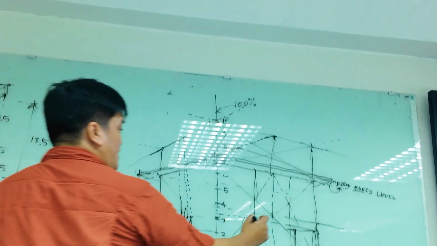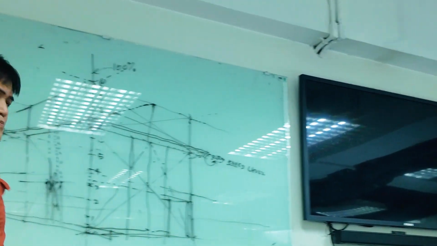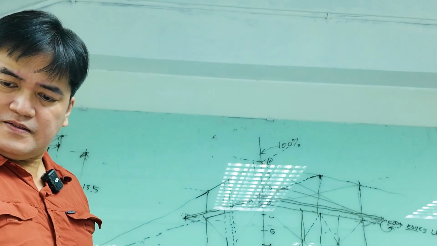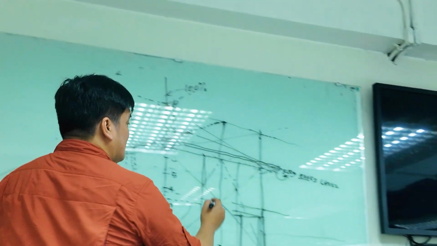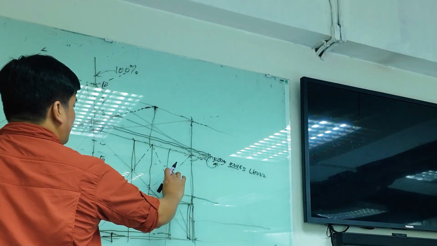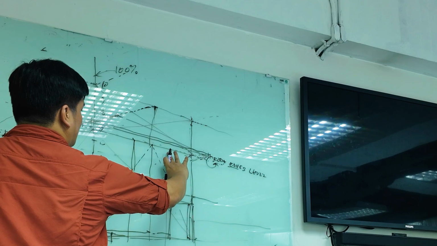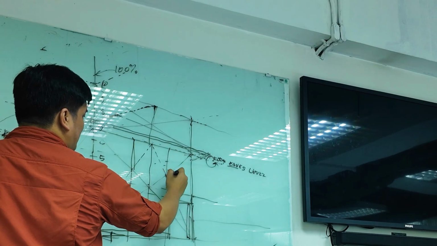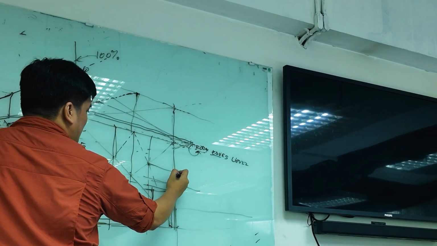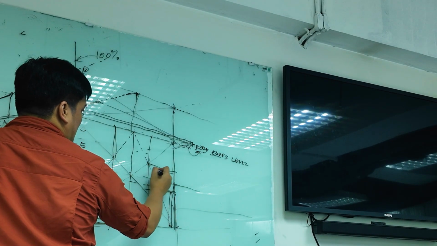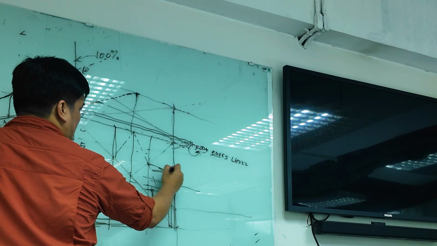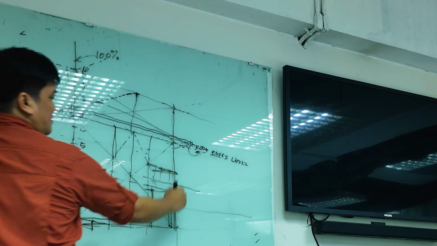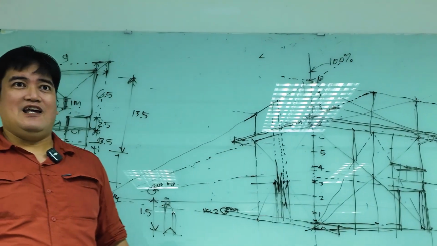The second floor, the carport, empty ba? May balcony. So the balcony is here. And if this is 3 meters, all the way there, and therefore subdivided into 3 equal parts, this is the 1 meter mark, and this is where the balcony is.